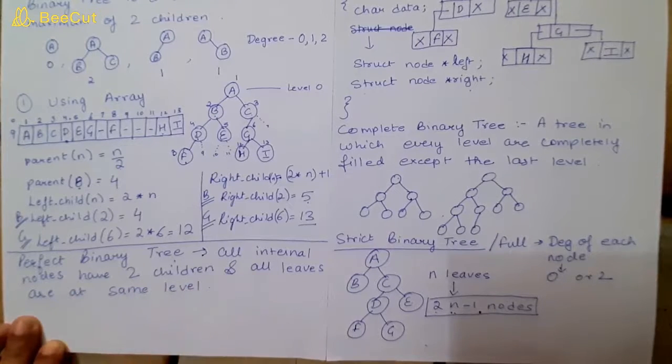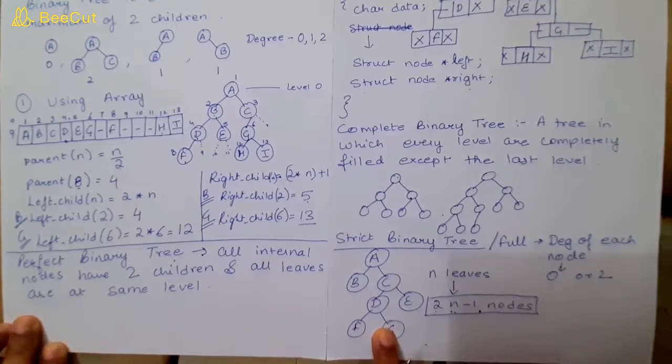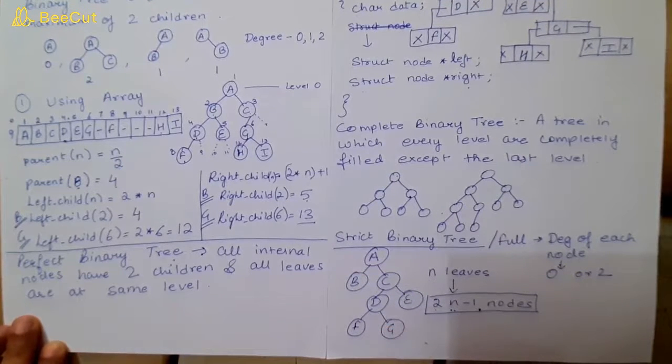So any tree will be known as a perfect binary tree if all the internal nodes, like if we take the example of this one, internal nodes are A, C and D, all the internal nodes will have 2 children, and all the leaves should be at the same level.